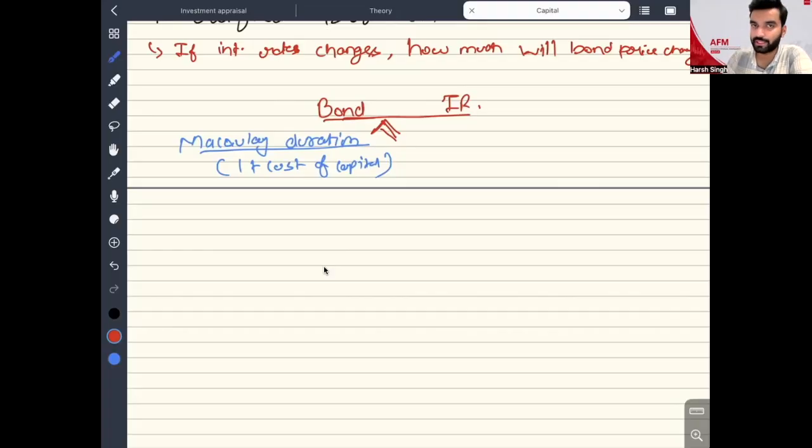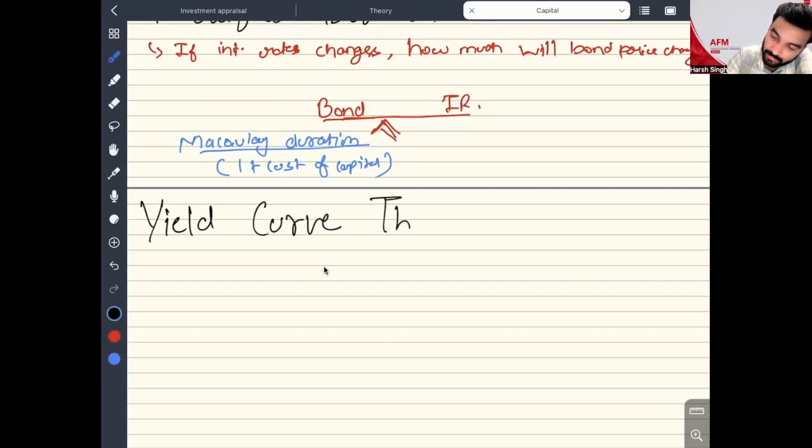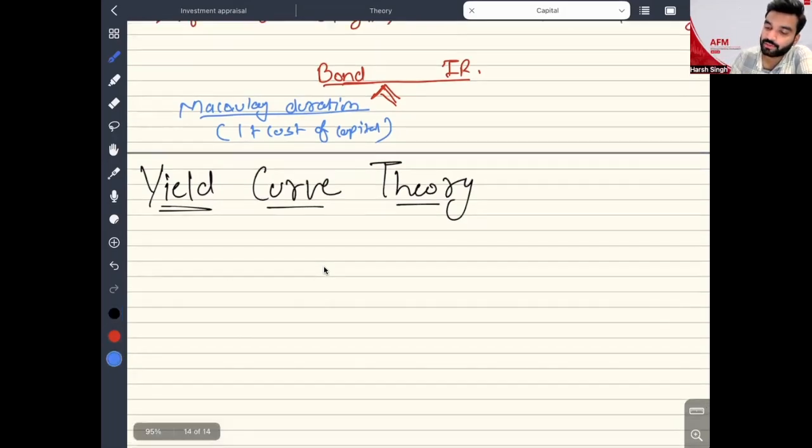Now we have certain theories, everyone, of interest rate, which is also called yield curve theory. Now, how does your interest rate work? This is defined using three theories, everyone. The very first theory is called expectation theory.